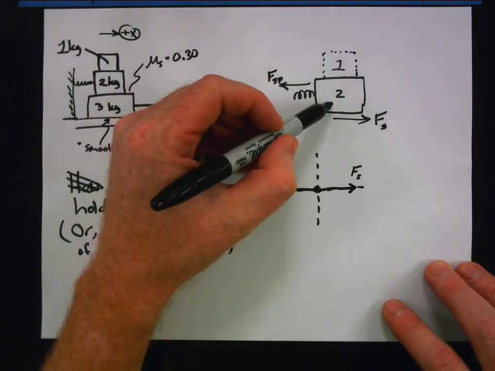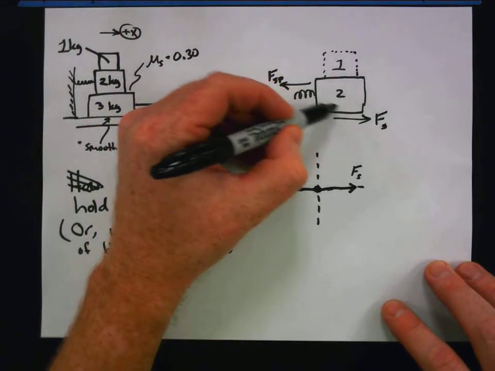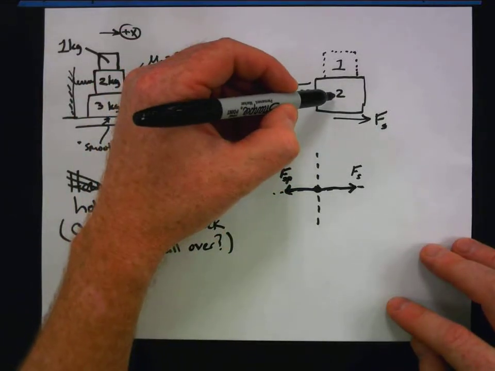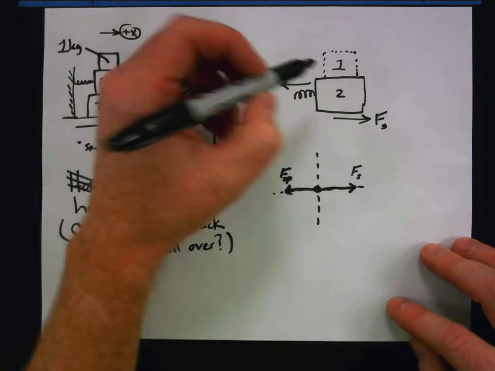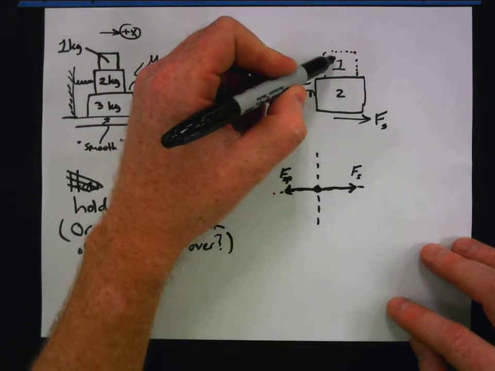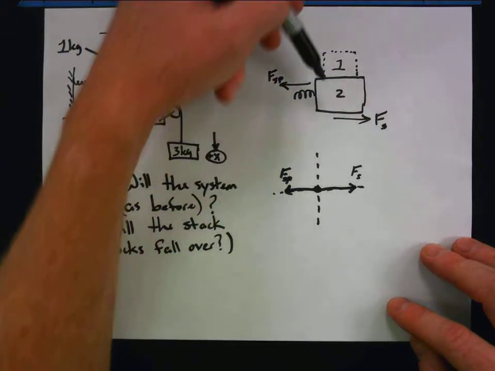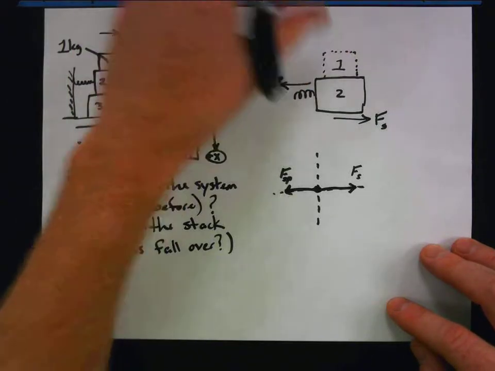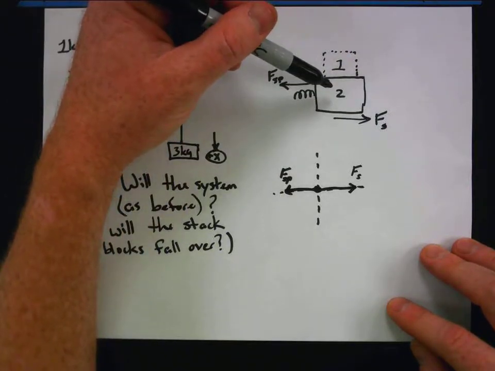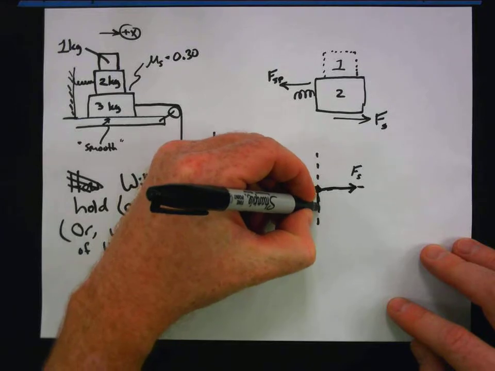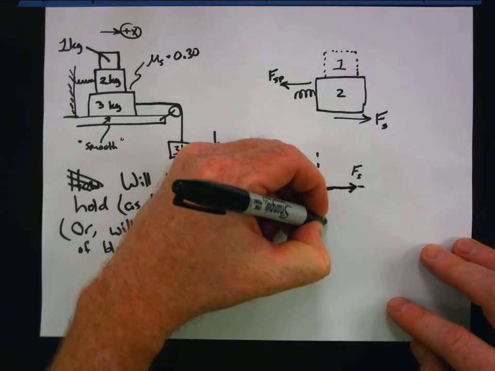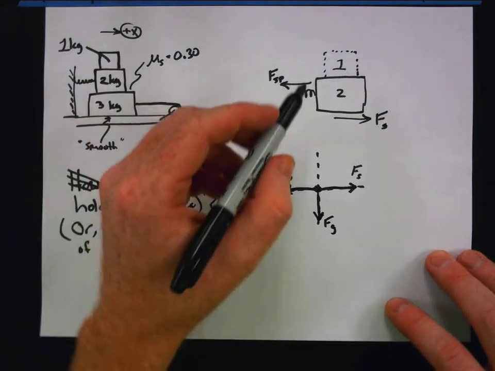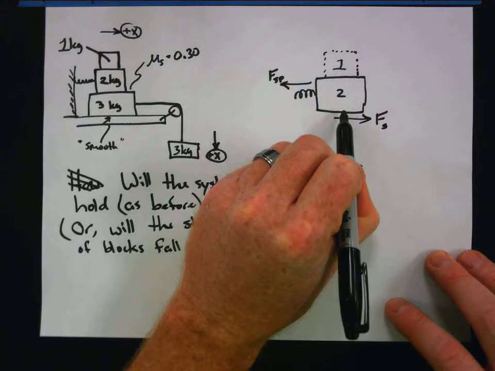Now, how much weight is acting on this guy? Well, there's two ways to look at that. One way is there's the weight of object 2 pulling down, and there's a downward normal force from block 1 pushing down on block 2. The other way to look at this is I can simply combine the two masses and call that one force the combined weight of blocks 1 and 2 together. Well, there's going to be an upward normal force down here at this surface.